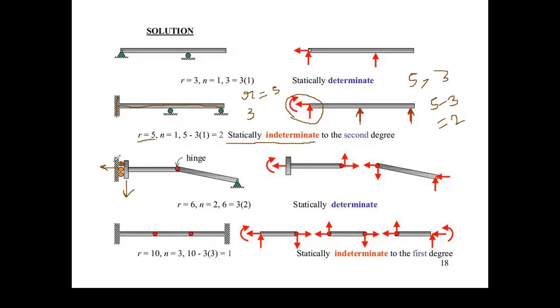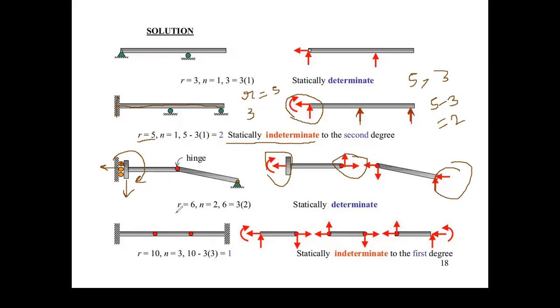Further, it is restricted in the clockwise or anti-clockwise movement. That means how many unknowns are there? So two unknowns will be here. This is a hinge support. That means two unknowns will be here, right? Again, it is a pin connection, so two unknowns will be here.